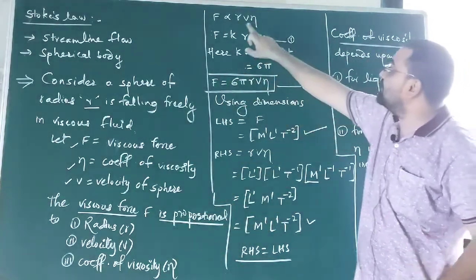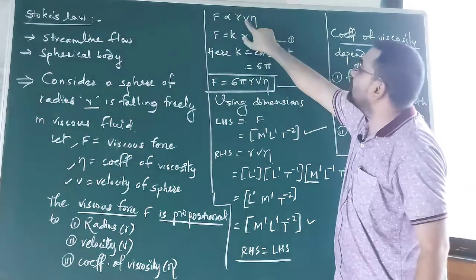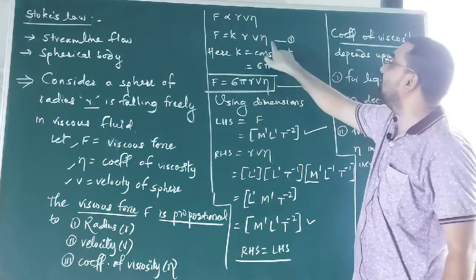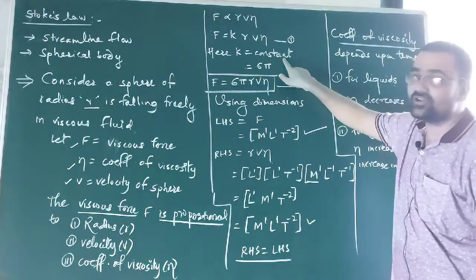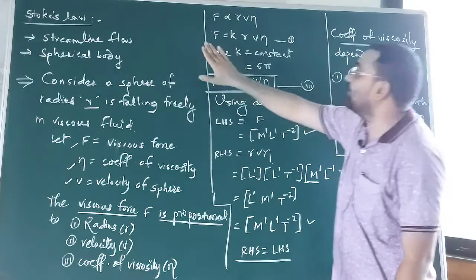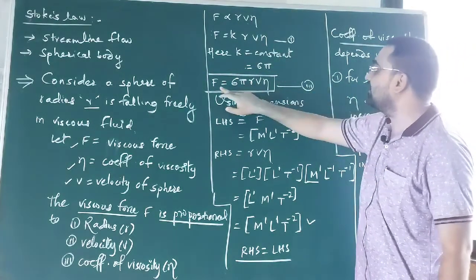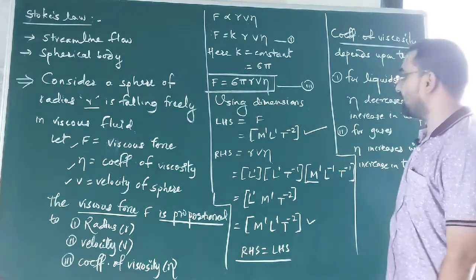After combining these three, I get force is directly proportional to r v eta. Force is equal to K into r v eta. Let this be equation number 1. Here K is definitely a constant of proportionality. After certain calculations, Stokes decided that the value of K should be 6 pi. Then formula is rearranged as F is equal to 6 pi r v into eta.